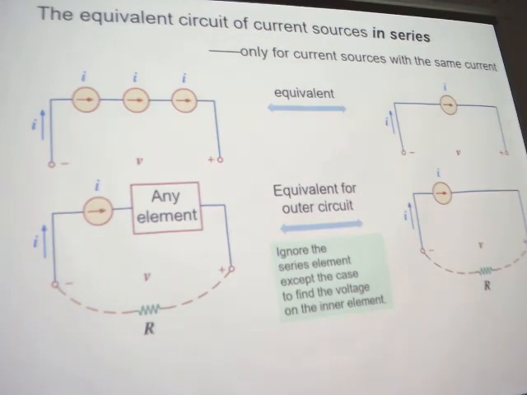Understand? Okay. Because it has current inside, right? It has current, so it has voltage, but it doesn't affect the outer current and doesn't affect the outer circuit. This part is the inner circuit, and this part is the outer circuit. So the property is for a port. Please remember, the property is for a port, for this port.